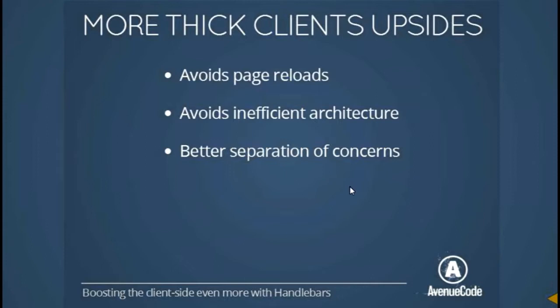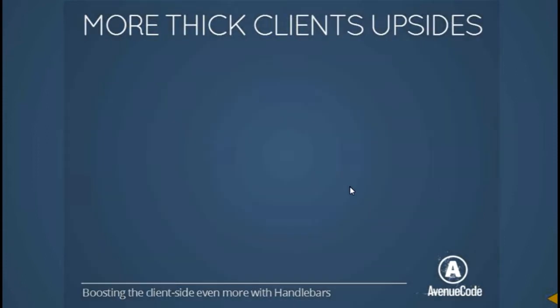Also, this is a very big upside: we have better separation of concerns. This is very important, and it just makes life easier for everybody. We also avoid code coupling between server and client, as we are reducing the amount of hand-holding.